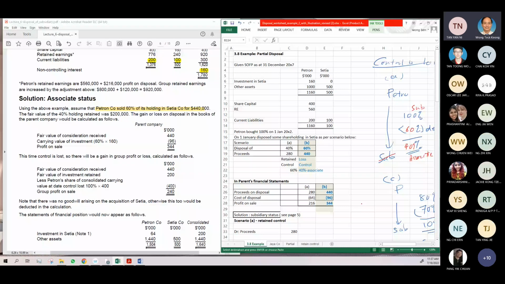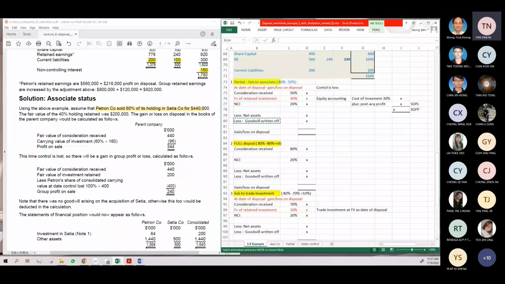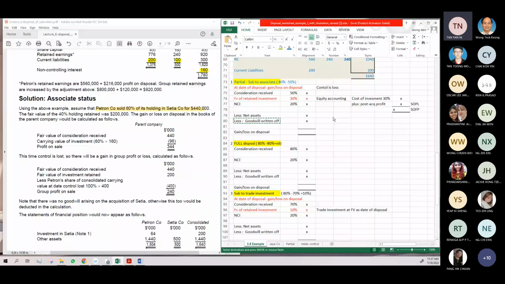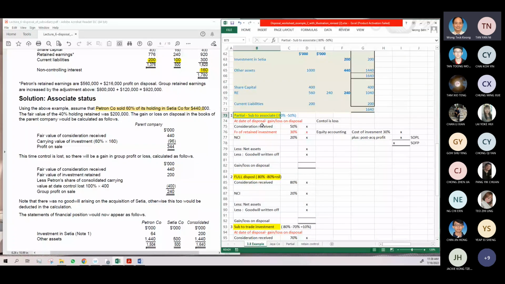Here, partial subsidiary to associate. Okay, this is the portion of it. In this question they have 100%, so they sold off 60, instead of 40, so we have initial 100, less 60. So the NCI will be in 40.